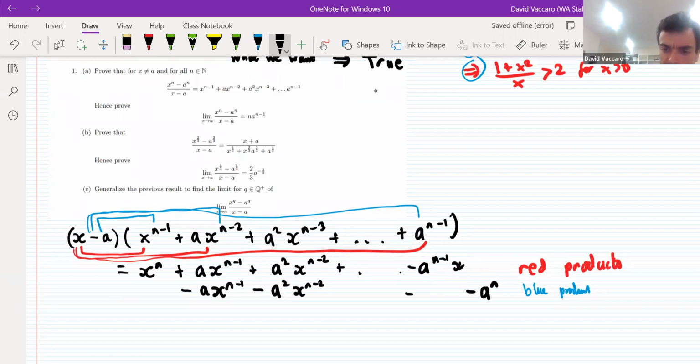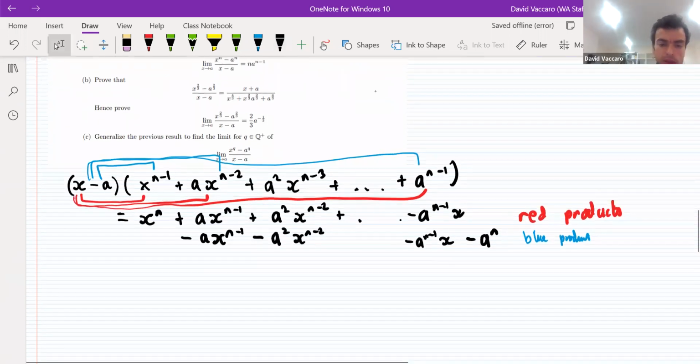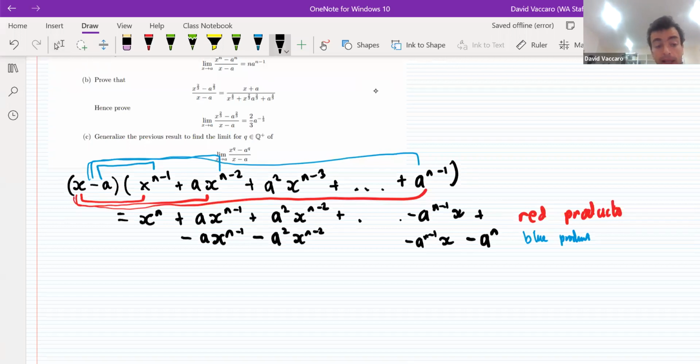And I will have got a negative a^(n-1) x term when the a hit the previous term. And when I combine these terms, what amusing thing happens? Well, nothing happens to the x^n, but all of these other terms cancel until I'm left with a to the n at the end.